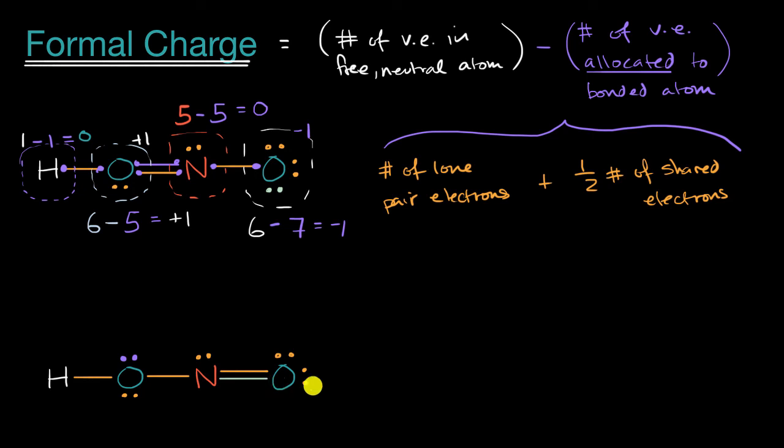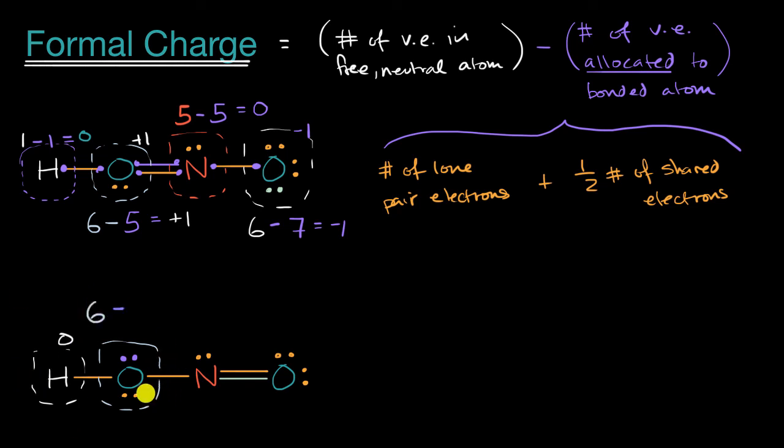Now let's look at this configuration down here. Well, this hydrogen is identical to this hydrogen. It has no lone pair electrons and it just has one covalent bond to an oxygen. So we would do the same analysis to get that its formal charge is 0. But now let's think about this oxygen right over here. A free neutral oxygen has 6 valence electrons.